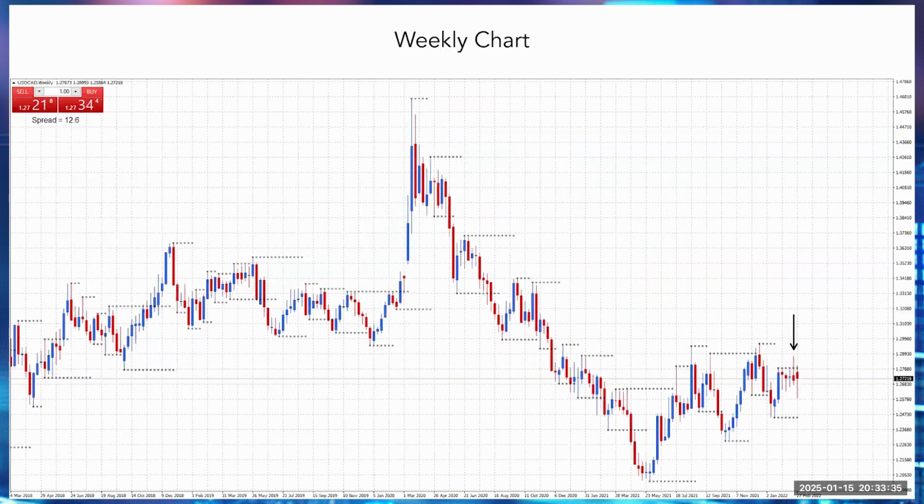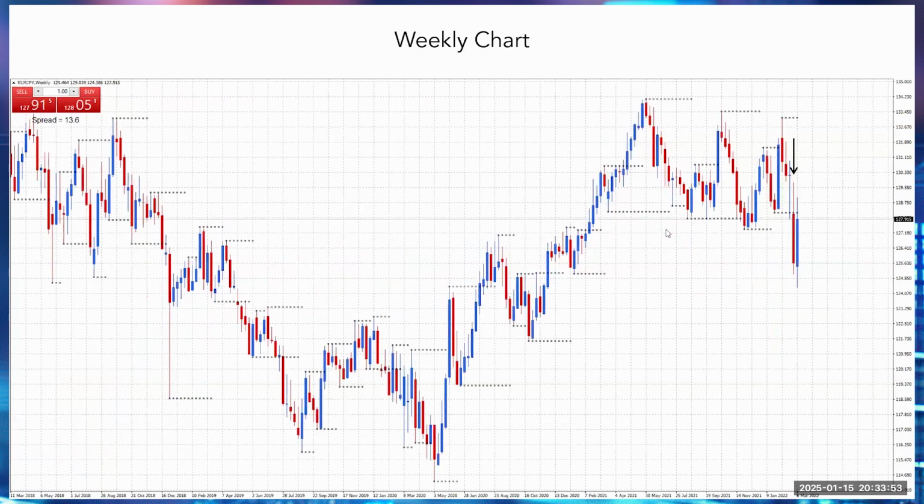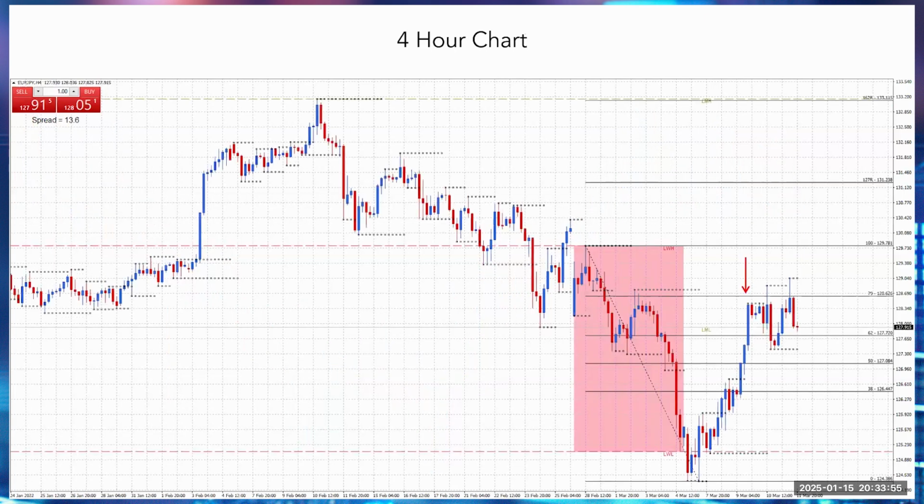Last week's red. Another example here where at the start of the week, we break the low. So I've got the fib positioned from the high. I drag it to the new low of the new week, and it comes up to the 62 level. Last week's red. Another example here where at the start of the week, we break the low of the week.